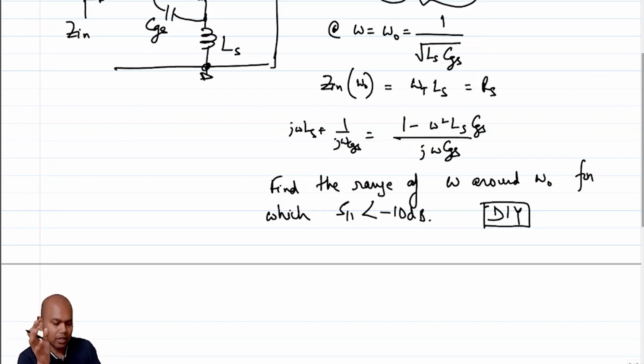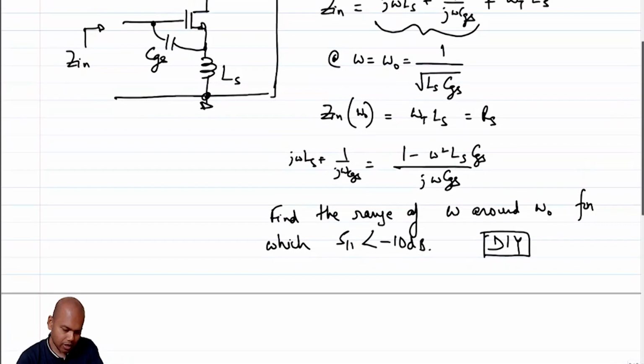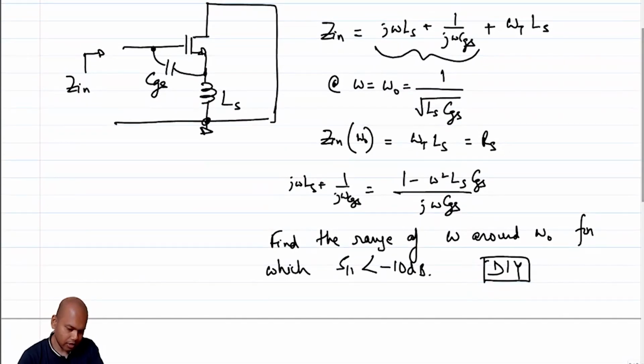As long as this imaginary part is much lesser than the supposed real part, then I can basically say that my match is all right. Another important part is note that the real part is independent of omega. So even if you deviate from omega equal to omega naught, only the imaginary part changes, the real part does not really change. So that's to our benefit.